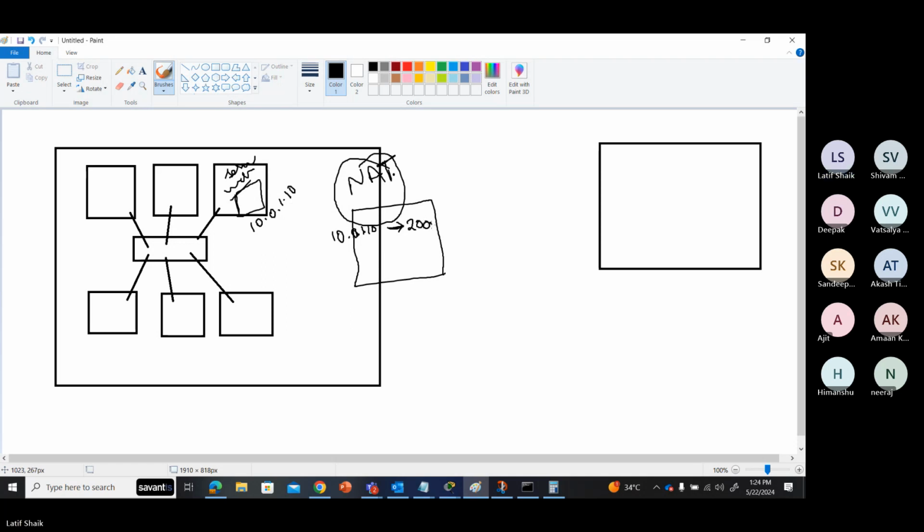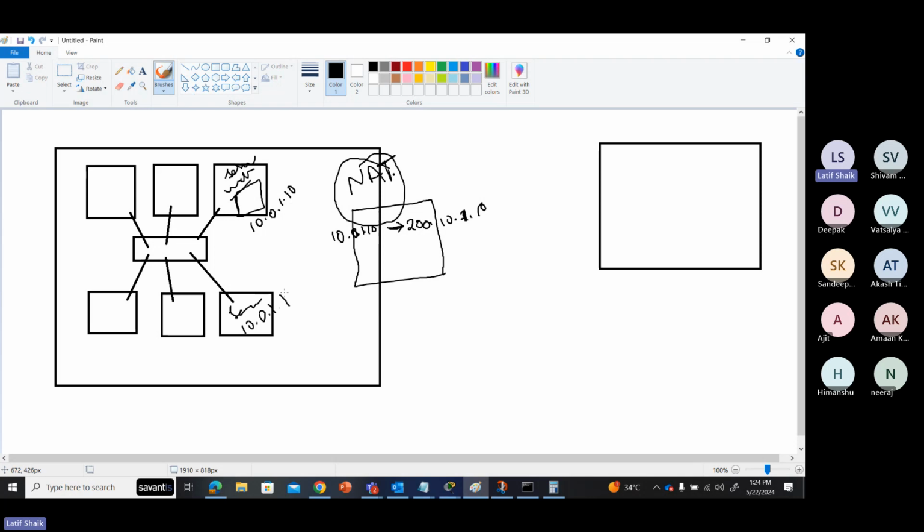I will purchase as many IP addresses as are required. I will make this one 200.10.1.10, for matching. This is also some server which is required to be accessed publicly.